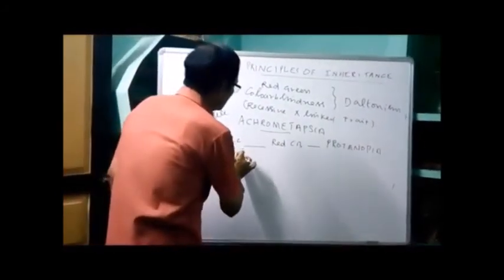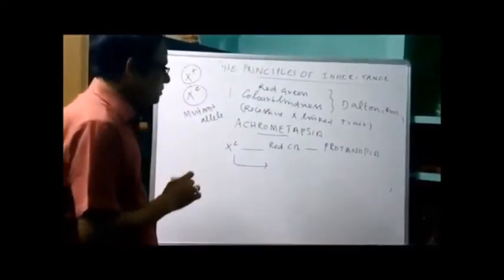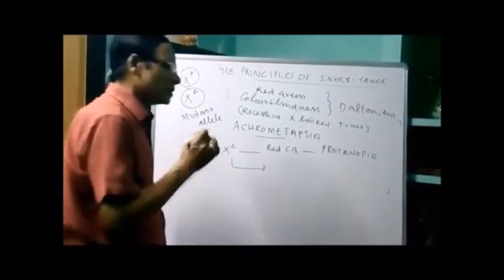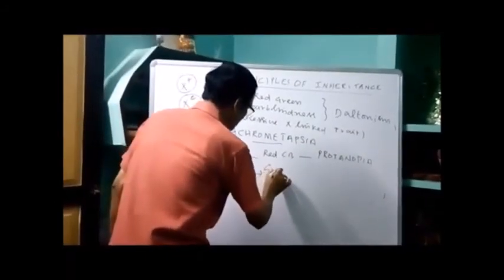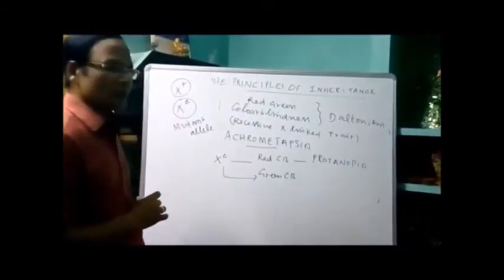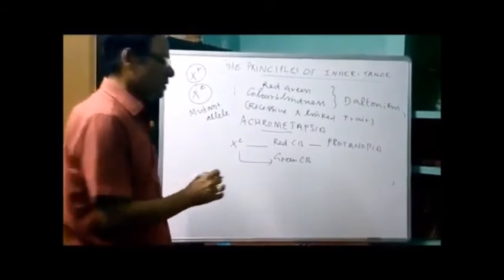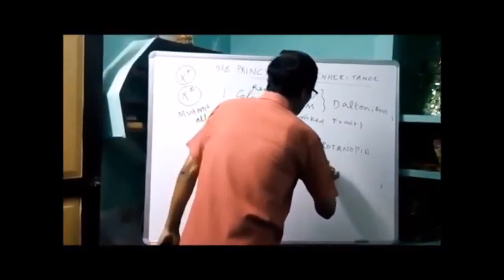Now, in some cases, this recessive gene is unable to produce the green pigment. So, people without the green pigment are colorblind to green color because of the mutant gene. This condition is called deuteranopia.